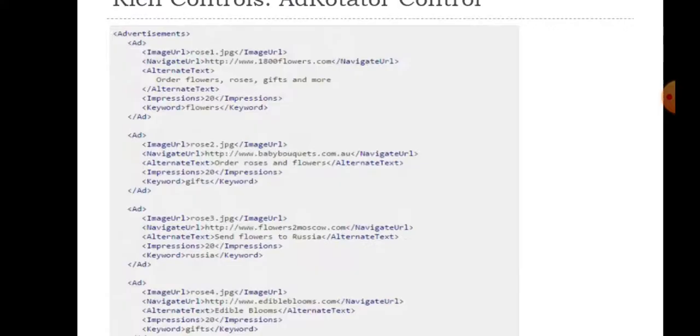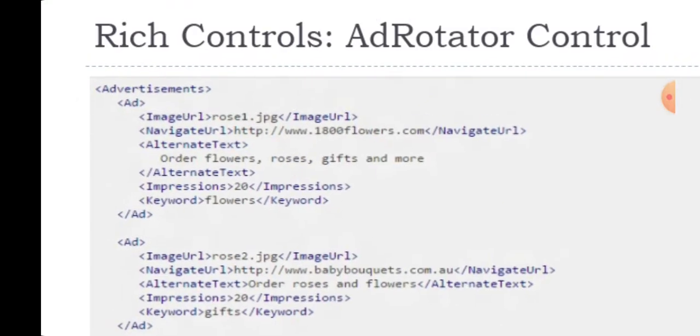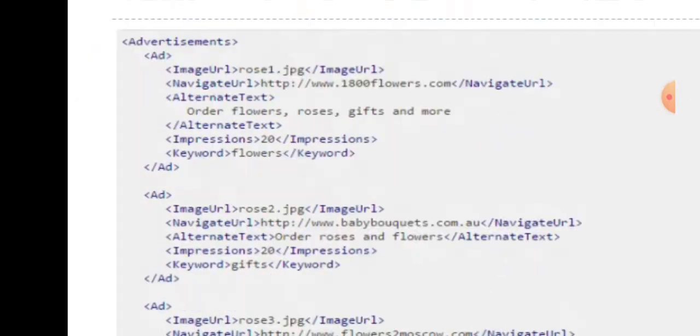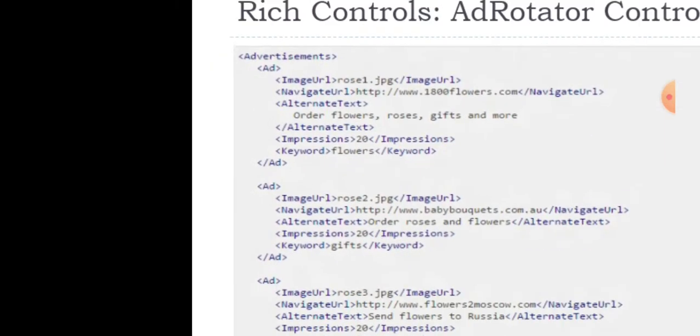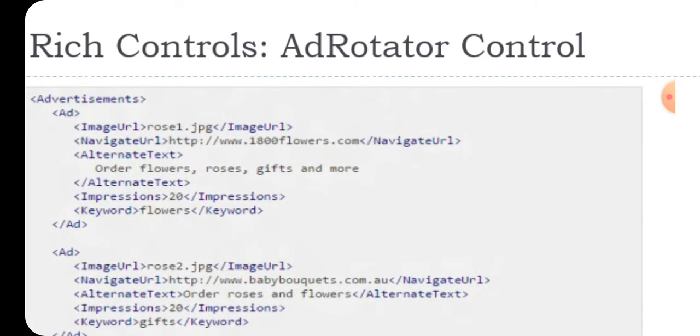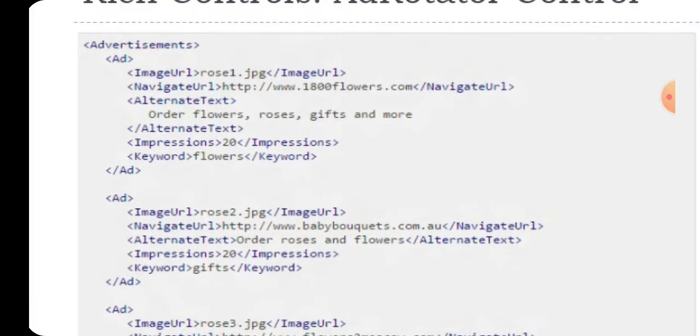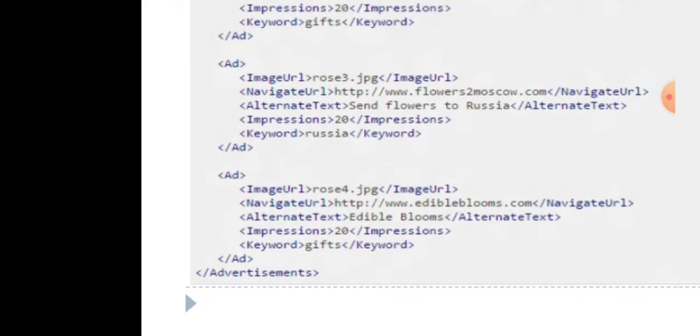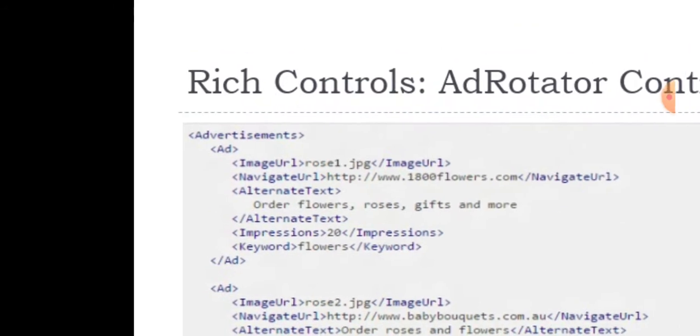Here is the XML file for the ad rotator. First, the whole XML file is enclosed within the Advertisements tag. I think you already know that an XML file has user defined tags. Here I am creating an advertisement file, so the XML file starts and ends with Advertisements.